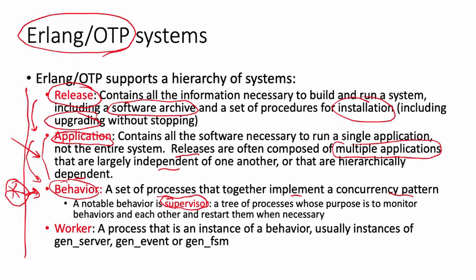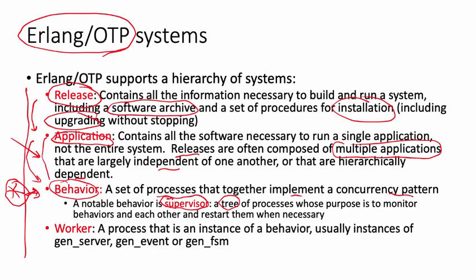A supervisor is a tree of processes. It's a hierarchy with one root and with sub-trees, and the children on the bottom are the workers doing the work. So the supervisor will monitor the child behaviors, monitor what's going on, and it can stop them, terminate them, start them, or restart them.